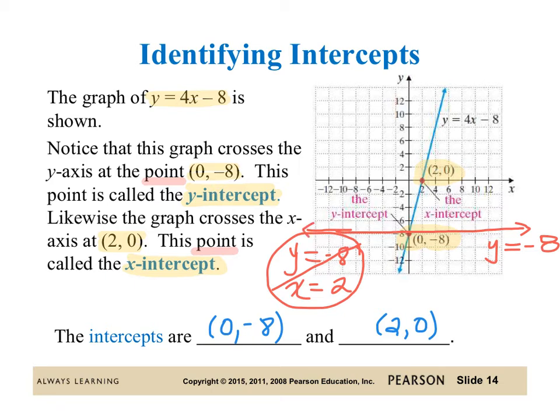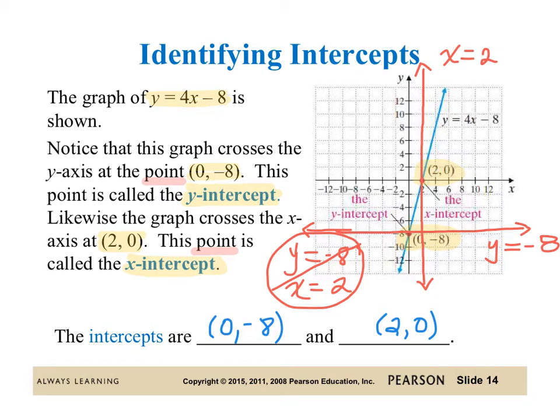So that is y equals -8. And this is x equals 2. And as you can see on the graph, both of these are straight lines. They are equations. They are not ordered pairs.